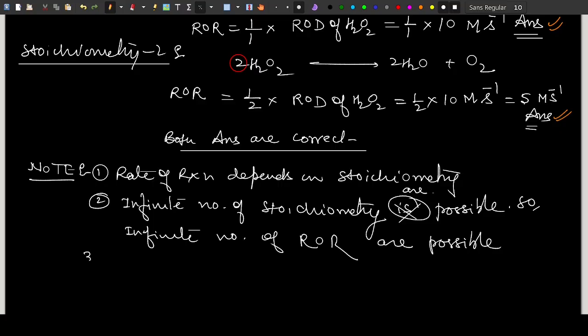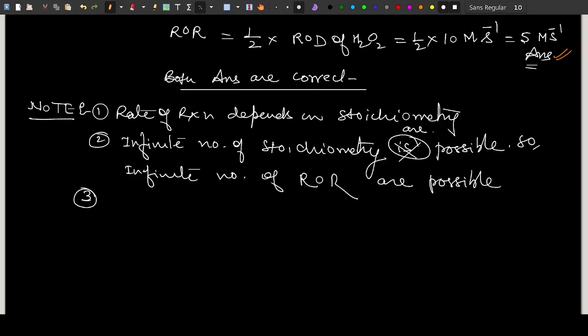Now, dear friends, here rate of disappearance or rate of appearance is independent of stoichiometry.